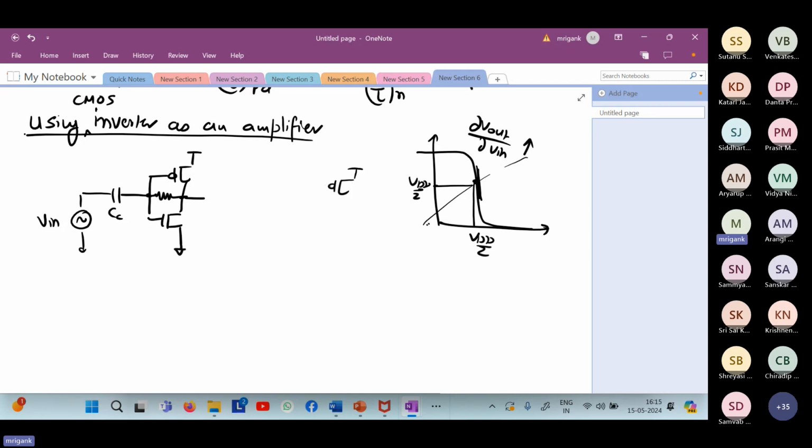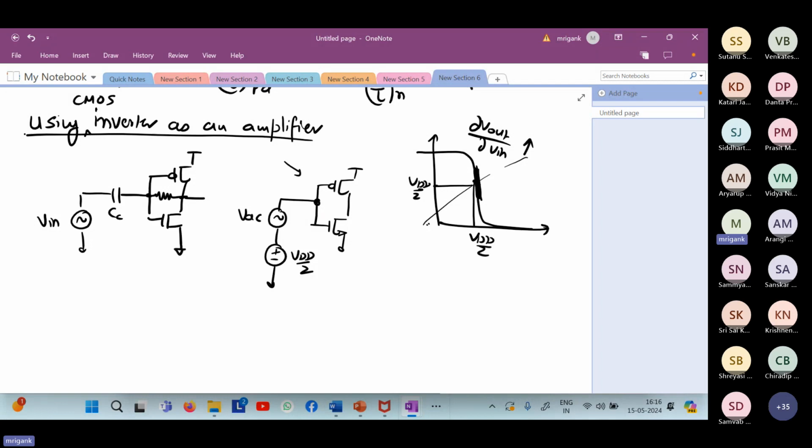The alternative is that you put an AC source in series with a DC source. You put this DC source somewhere close to VDD by 2, and you have V AC. Then if you look at only the DC point, if it is close to VDD by 2, it will probably bias it close to the high gain region, and then you apply the AC signal. Is this clear? The first case, this thing should work.